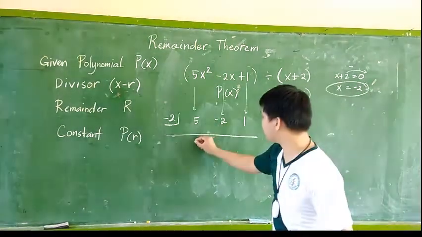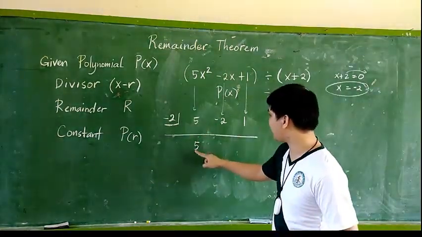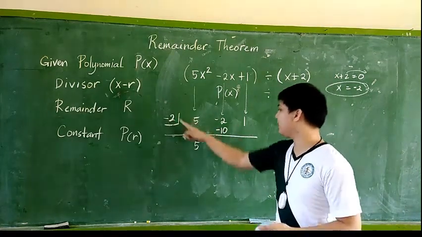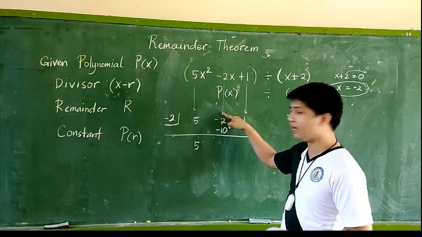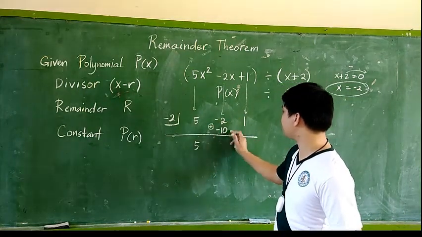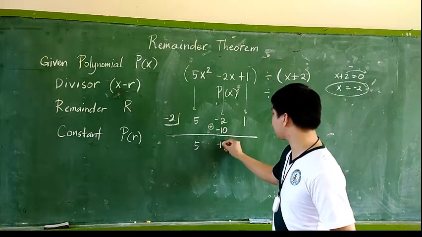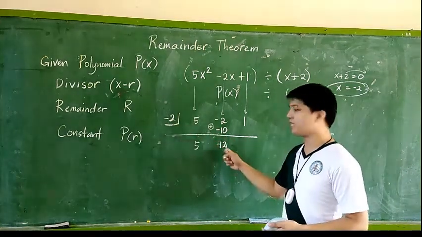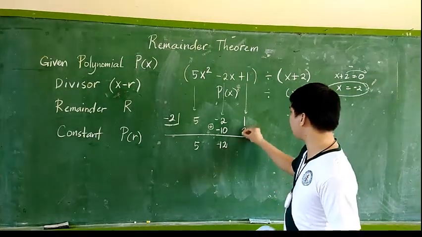Bring down 5, multiply it, that's negative 10. After multiplying, simply add: negative 2 plus negative 10 is negative 12. Multiply again, negative 2 times negative 12 is positive 24.